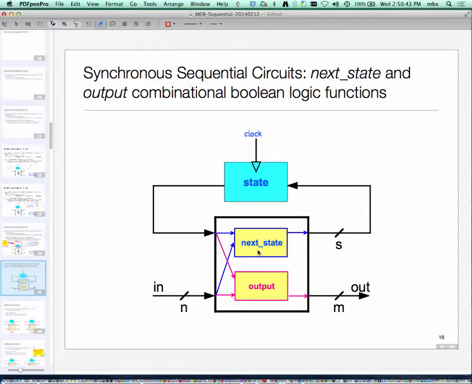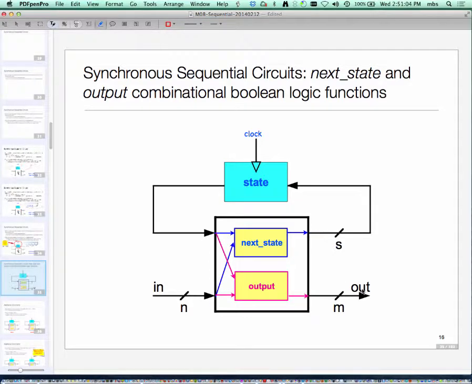A combinational logic of this form, which has two sets of inputs and two sets of outputs going out, I can think of as made up of two functions. One function we are going to call the output function, and what this guy is doing is taking as its input the in and the current state and generating out from it.